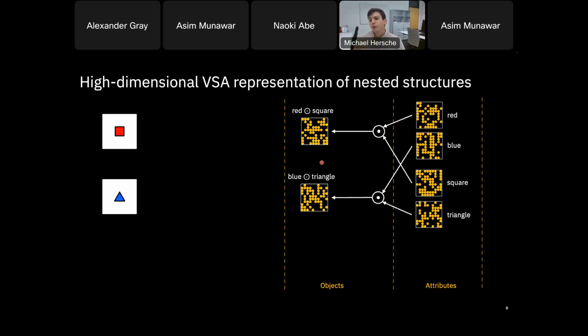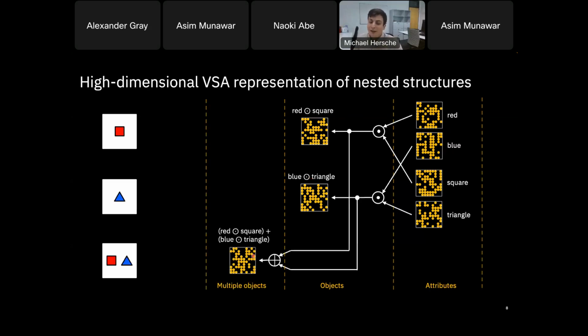What is important here is that the binding operation is, in a sense, orthogonality preserving, so the representation of the red square is orthogonal to the blue triangle. Because they're orthogonal, we can safely superimpose those two representations to represent both the red square and the blue triangle as a combination, with low interference between them.